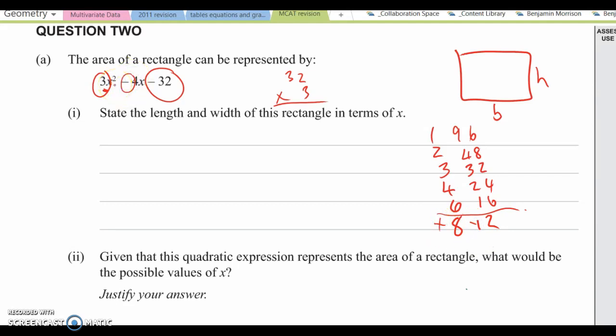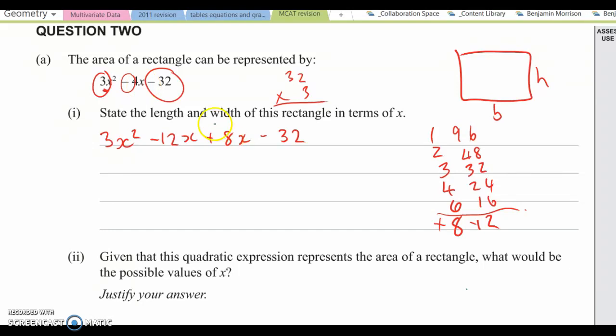Now what I'm going to do is rewrite this as 3x squared minus 12x plus 8x minus 32. So all I've done is rewritten this quadratic expression using minus 12x plus 8x to represent my minus 4x. So let's factorize.